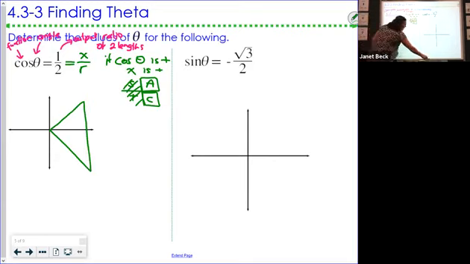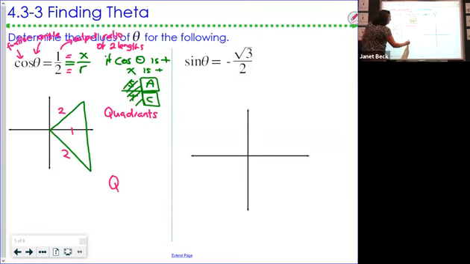Now label the sides we know. We know that x equals 1 and r equals 2. So the first thing we do is we identify the quadrants. And I know I'm going to have an answer when I find them in quadrant 1 and in quadrant 4.